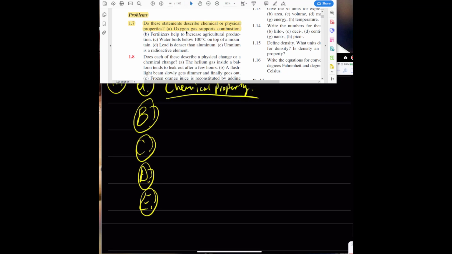Part B. Let's see. It says fertilizers help to increase agricultural production. So fertilizers help to increase agricultural production. Well, we're going from reactants to products.